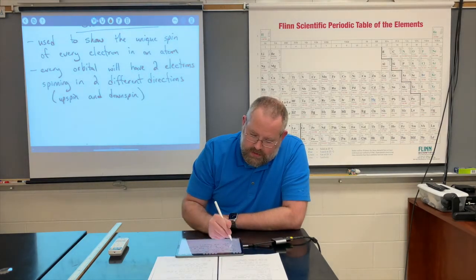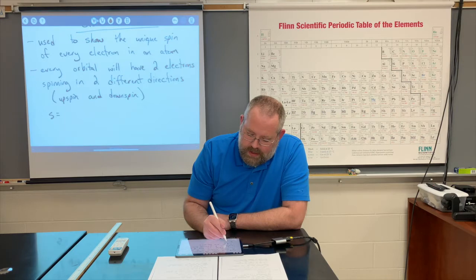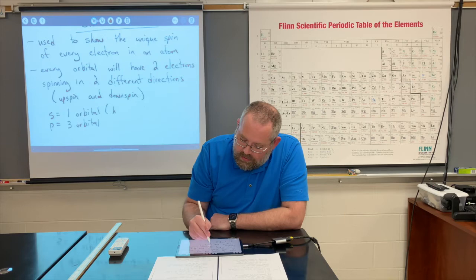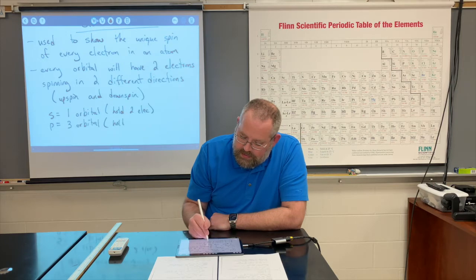Okay? So again, the S subgroup has 1 orbital. The P subgroup has 3 orbitals. S can hold 2 electrons, P can hold 6 electrons, 6 spaces across.